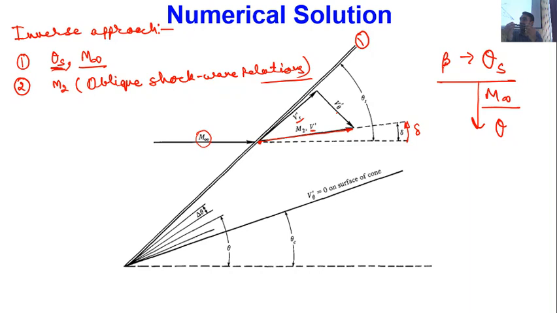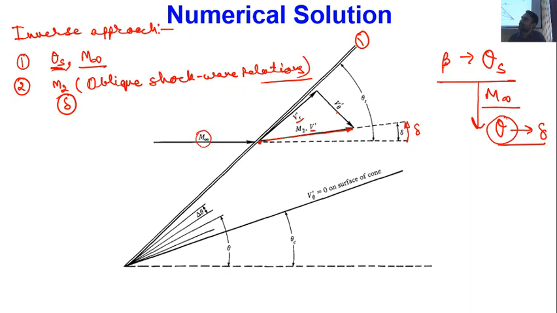What was theta? Theta was the deflection of the streamline on the downstream of the shock wave from the free stream direction. Over here theta is something different. Over here theta we have assumed as the direction. So this deflection theta, the commensurate parameter for theta in this present formulation is delta. Is this point clear? So now I can say that using the oblique relations I can calculate the value of M2 and delta.